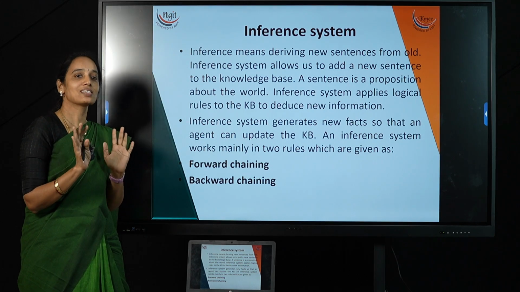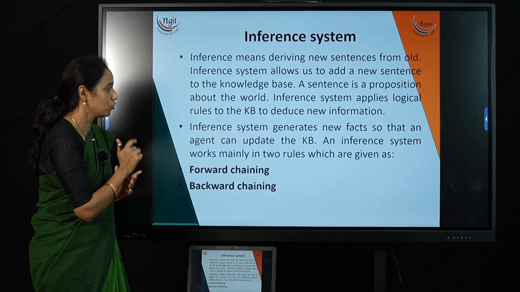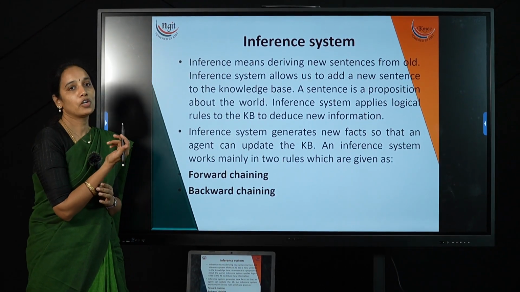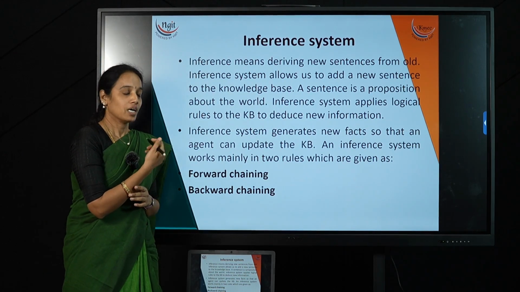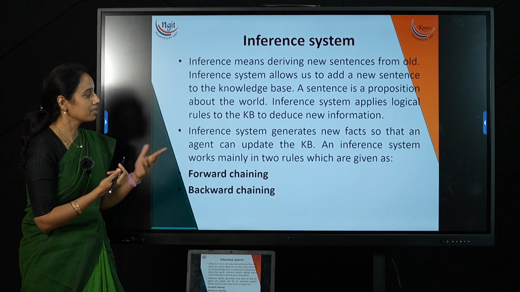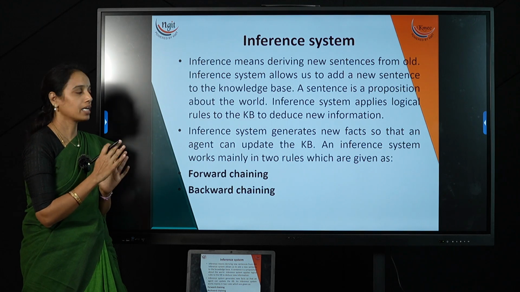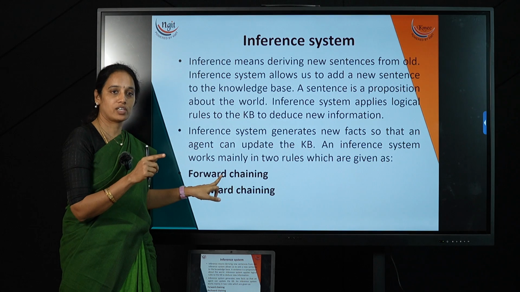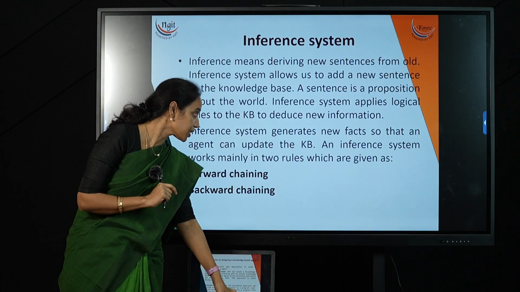A sentence is nothing but a proposition about the world, and inference applies logical rules to the KB to deduce new information. The inference system generates new facts so that an agent can update the KB, and it has mainly two rules: forward chaining and backward chaining.